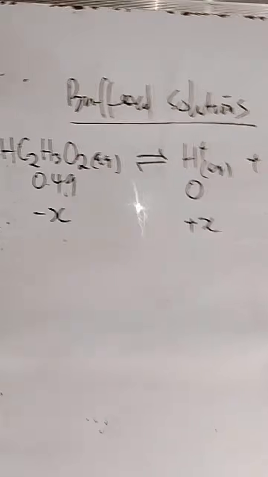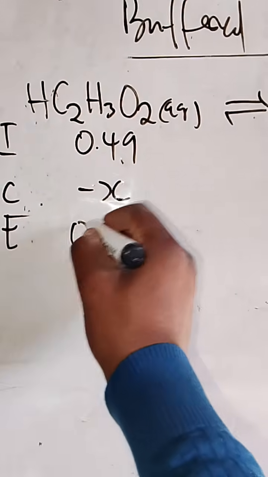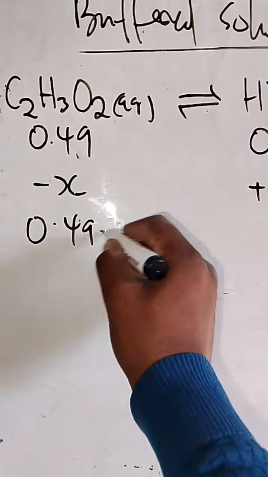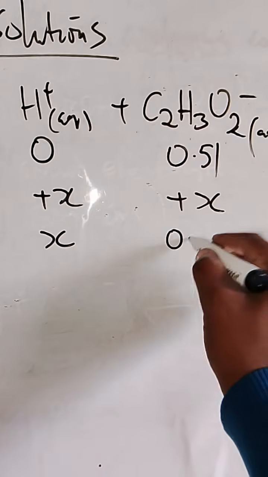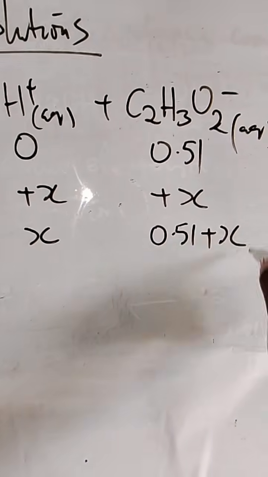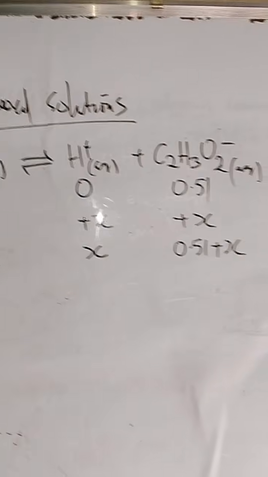At equilibrium, 0.49 minus x, x, and 0.51 plus x. These are our equilibrium concentrations.